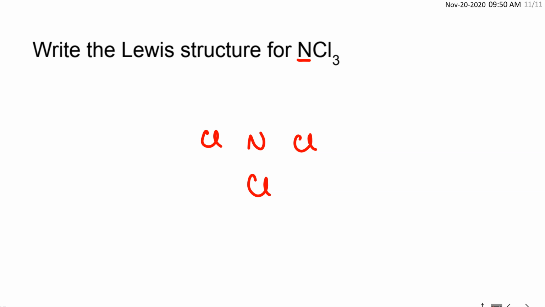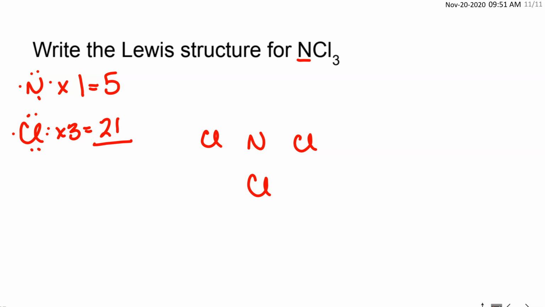So now we count the valence electrons. Okay, nitrogen has 5 valence electrons, and there's 1 of them, which comes up to 5. Chlorine has 7 valence electrons, but there are 3 of them, which means 7 times 3 is 21, which means our final structure should have 26 valence electrons.